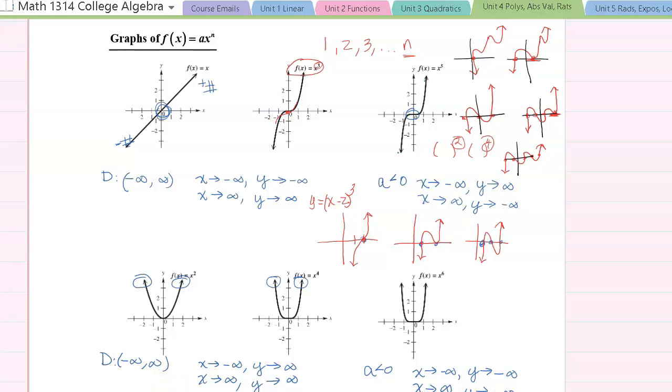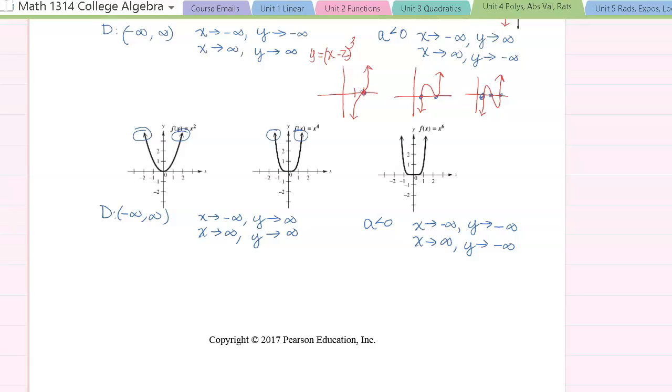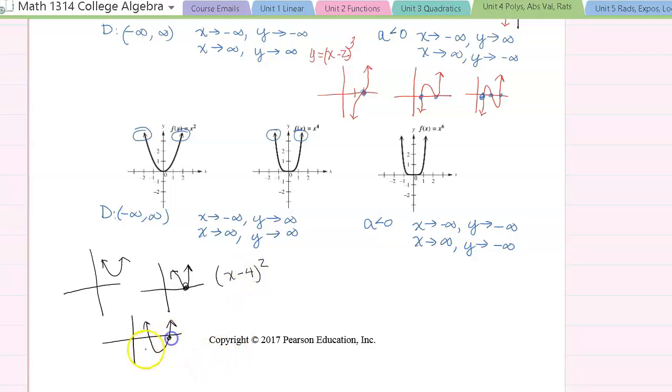Now let's look at more complicated even polynomials. For the quadratic function, we see that it can never touch the x-axis, or maybe just touch the x-axis, or it may have two x-intercepts. So we see that even functions can have 0 zeros, such as x squared plus 4, or 1 zero, such as the quantity of x minus 4, squared, or 2 zeros, as in x squared minus 4.